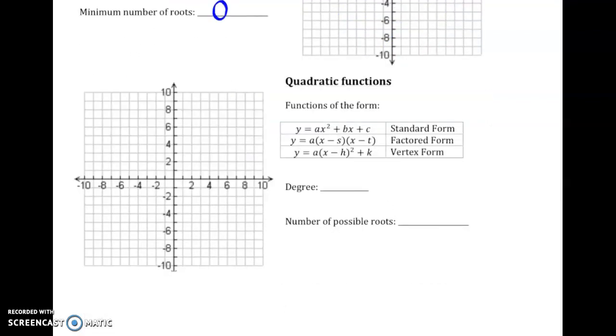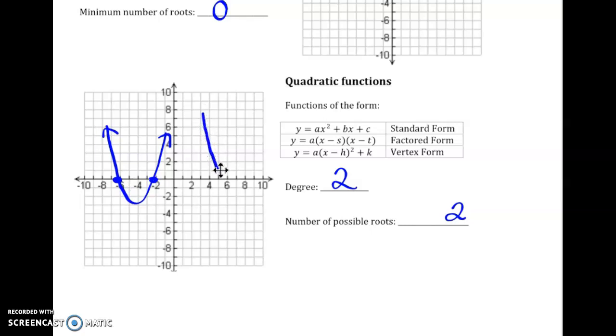Next, if we think about the quadratic function, so a parabola, which we know has a standard form, a factored form, and a vertex form, the degree of a parabola is 2. And if we look at the number of possible roots, most parabolas, whether they open up or down, have 2 roots. So 2 is a possibility.